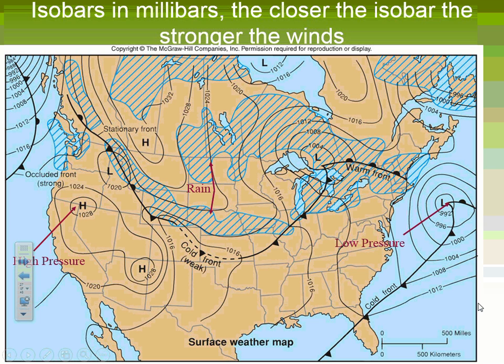If you look at the very upper left corner of this map, you can tell those isobars are really close to each other. Up in that corner is a low pressure system. The closer they are, if you remember, the greater the force and the greater the wind speed there's going to be. So up there is a pretty strong system that's moving from the Pacific or from the Alaska coastline to the Pacific coastline, Washington and Oregon.